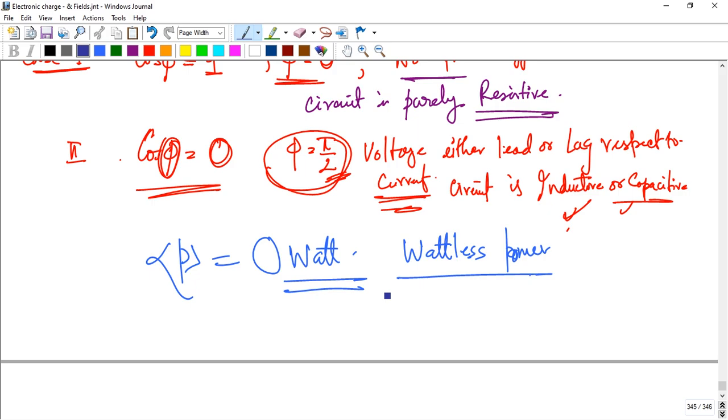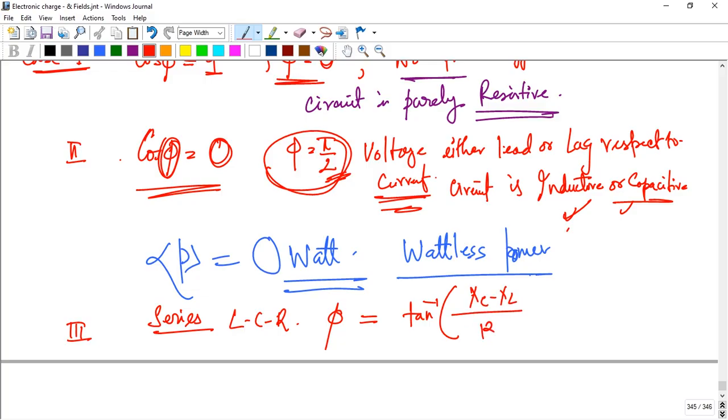Now case number 3. Suppose in a series LCR circuit, phi is equal to tan inverse of (XC minus XL) by R. The phi may be a non-zero term. Non-zero means an RL, RC or RLC circuit.